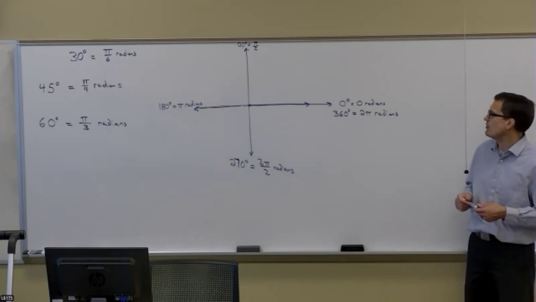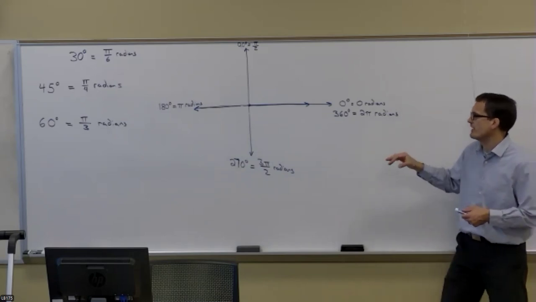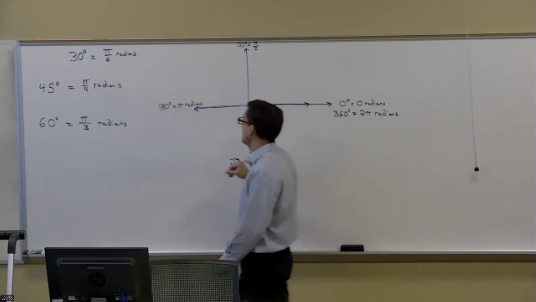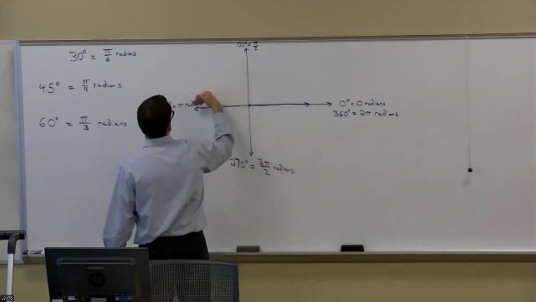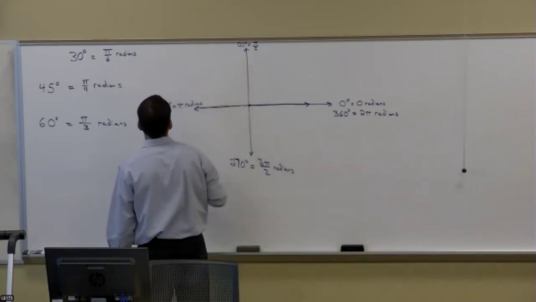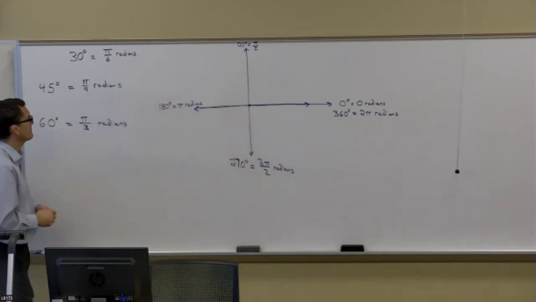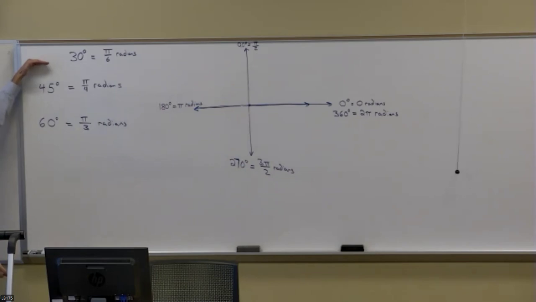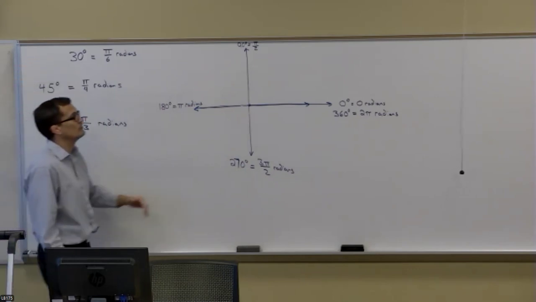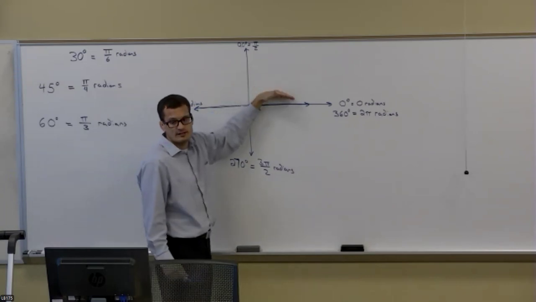So any angle between 0 degrees and 90 degrees will be in quadrant 1. Any angle between 90 and 180 will be in quadrant 2, and so on and so forth. Notice that these three, the 30, 45, and 60, those were all in quadrant 1.